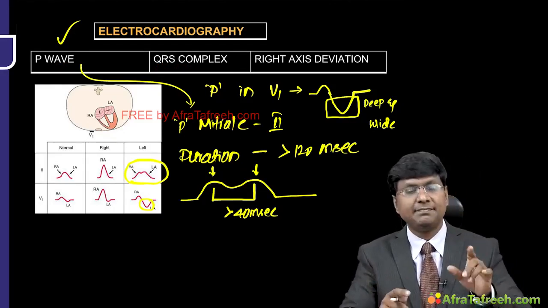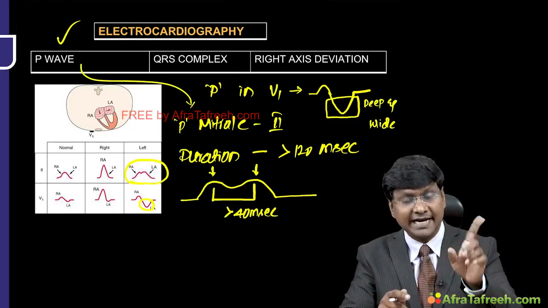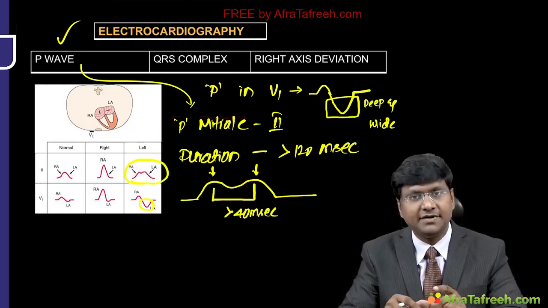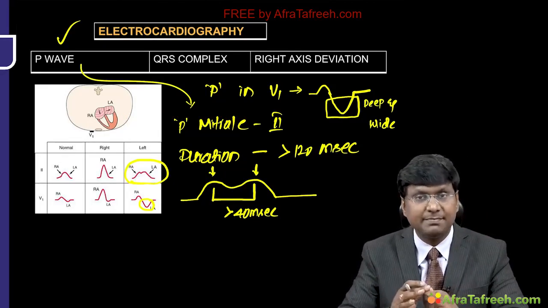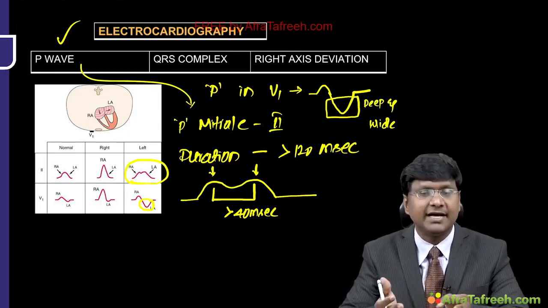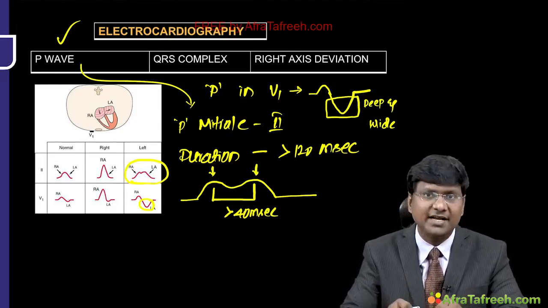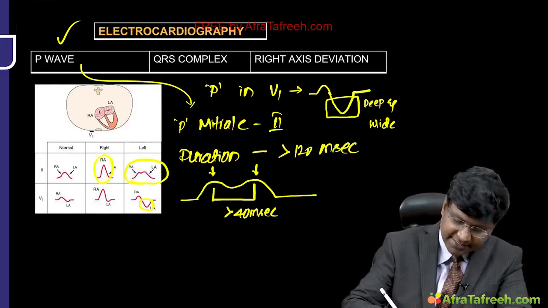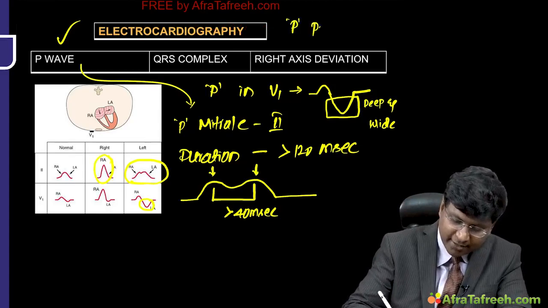Whereas if there is development of right atrial hypertrophy, which can happen in very severe mitral stenosis, if there is development of pulmonary hypertension causing right ventricular hypertrophy, subsequent to that there can be right atrial hypertrophy. Once there is right atrial hypertrophy, there can be what is called P pulmonale.